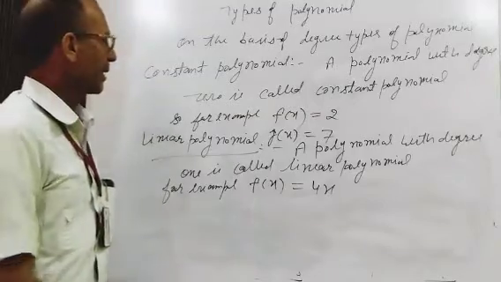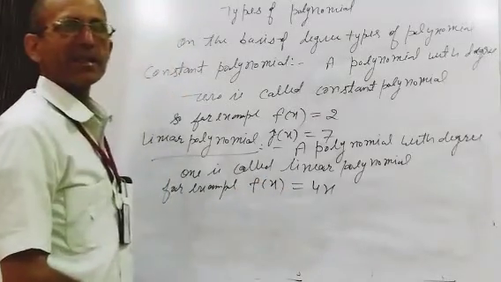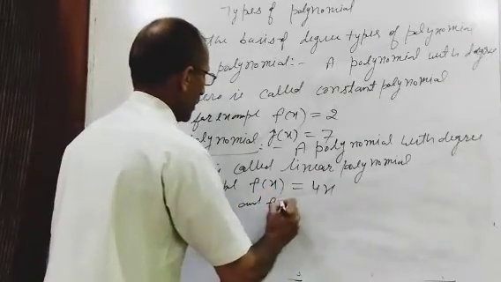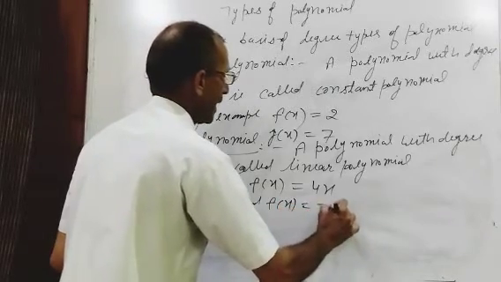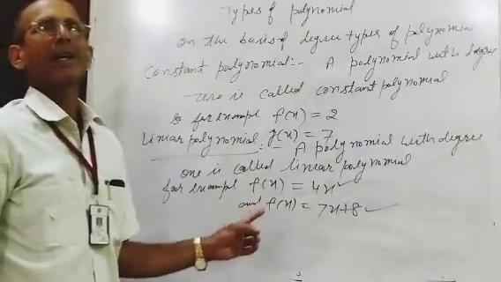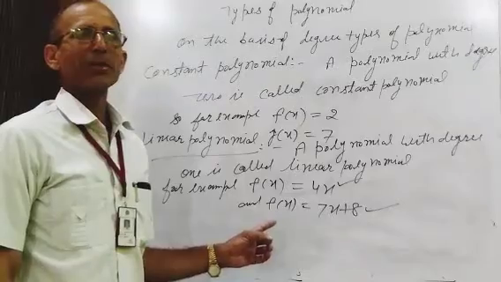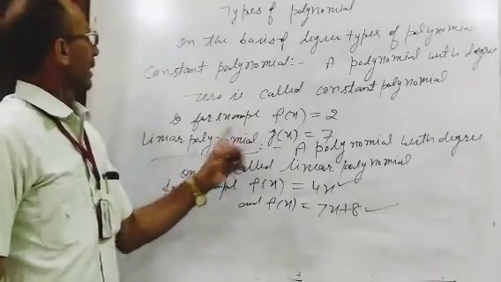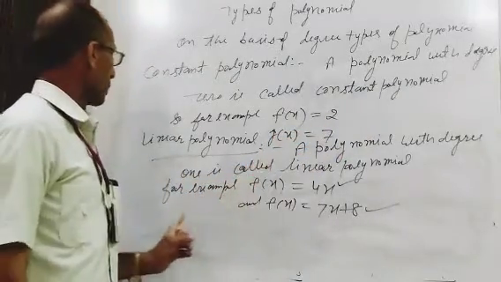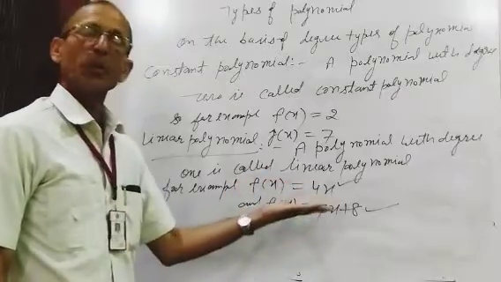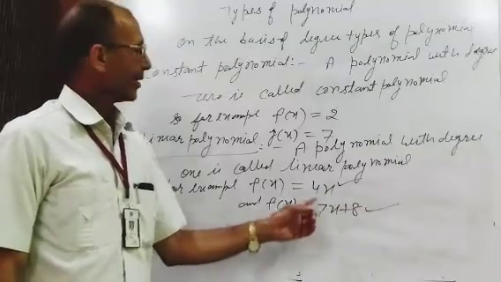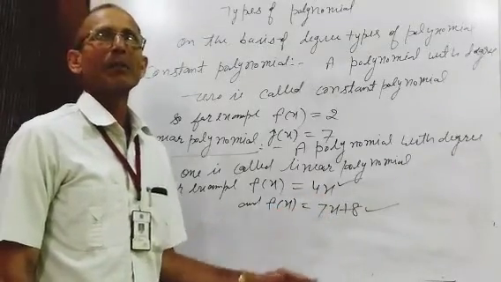So f(x) is equal to 4x is a linear polynomial, and f(x) is equal to 7x plus 8 is also a linear polynomial. One is a monomial and the second is a binomial, but both are linear polynomials.